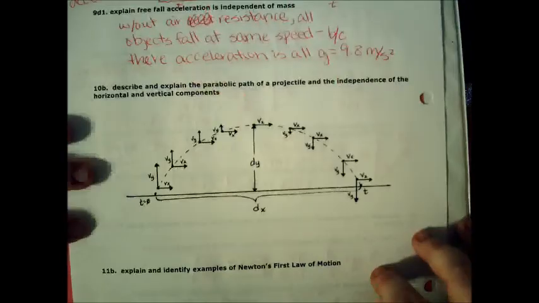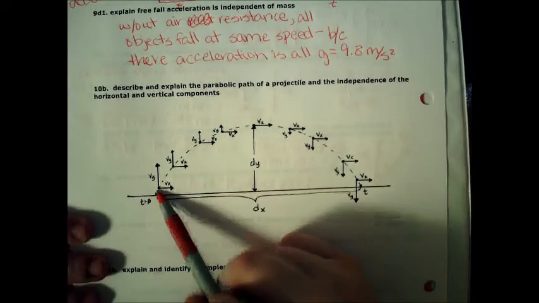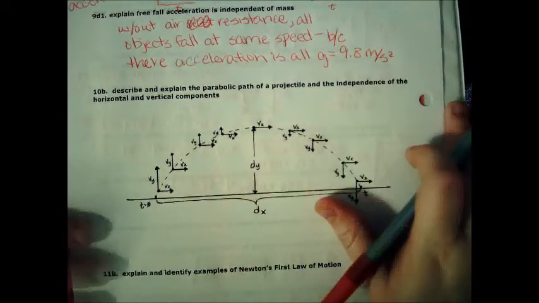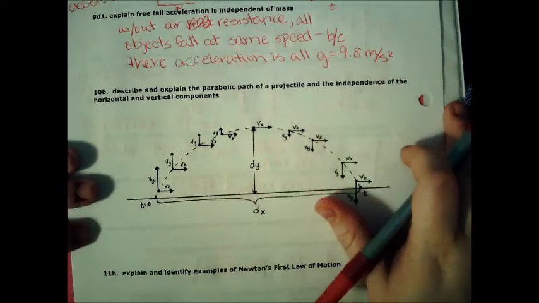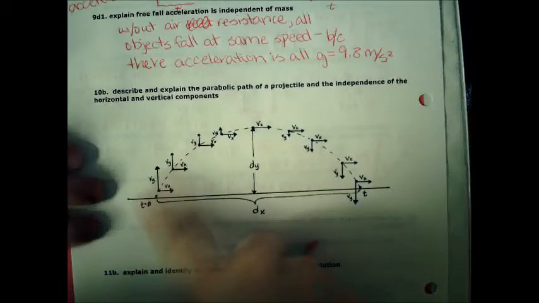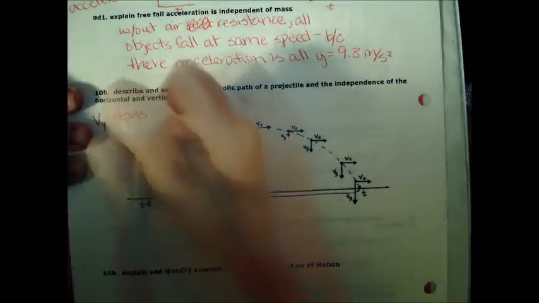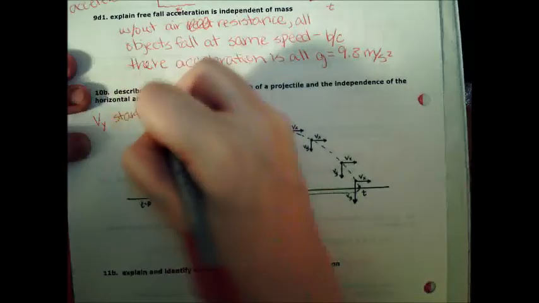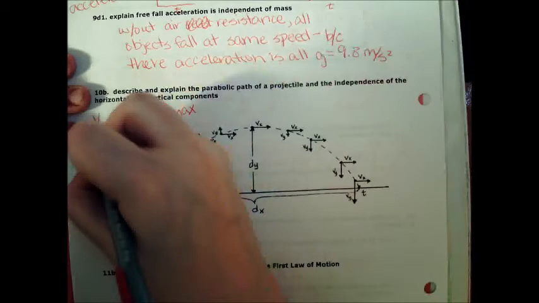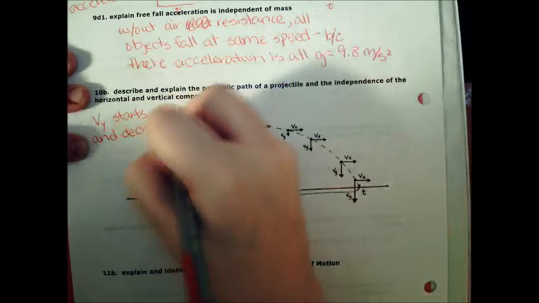Okay, now we have a taco diagram, which is actually a vector chart showing a thrown object. I'm just going to go through some of the key facts that you might be asked about on the test. Vy, which is the vertical velocity, starts at its max value and decreases as the object travels upward.